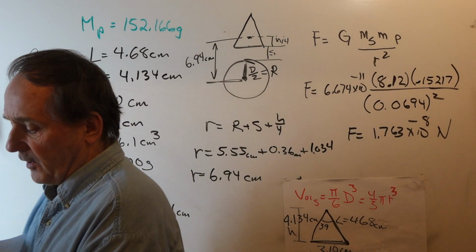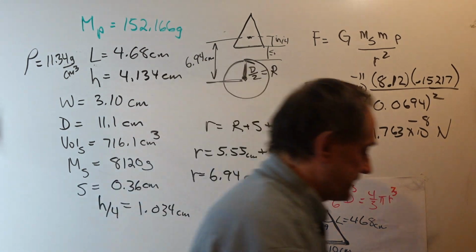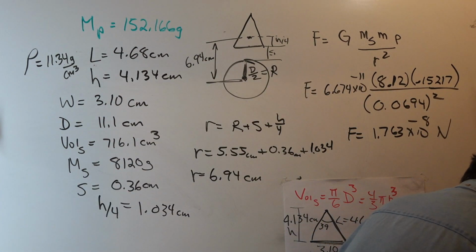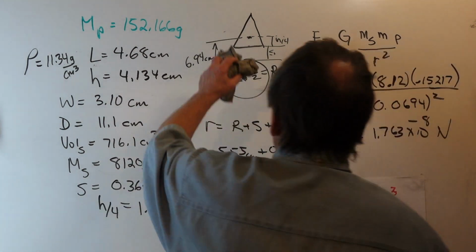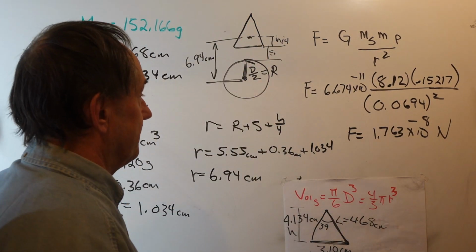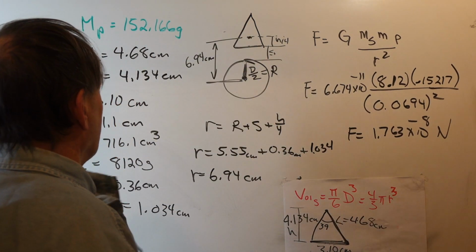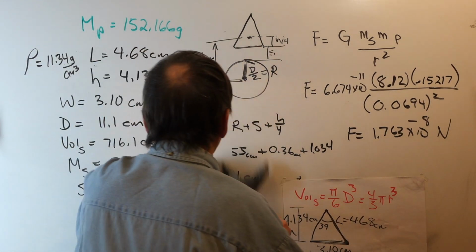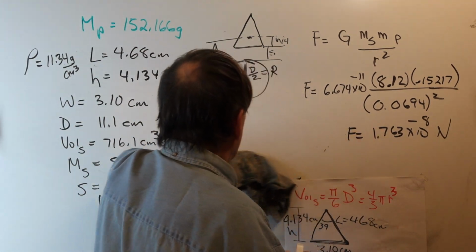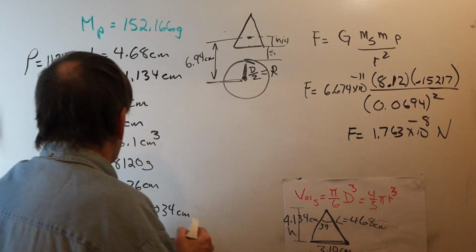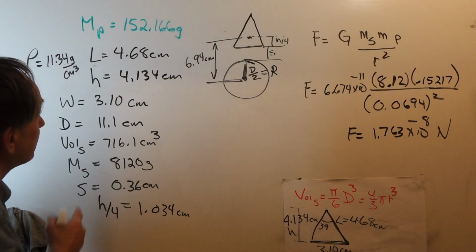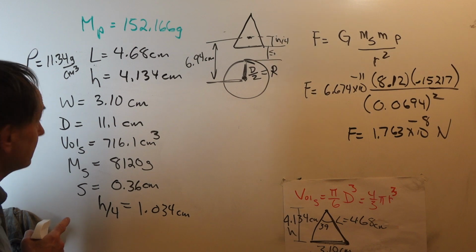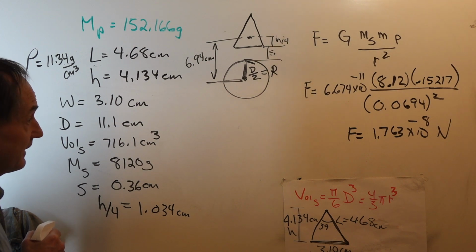That is the force of gravitational attraction between the pyramid and the sphere. Now let's look at how that compares with what the scale is indicating. I'm going to get rid of this stuff here, so we'll just let you take a look at that.